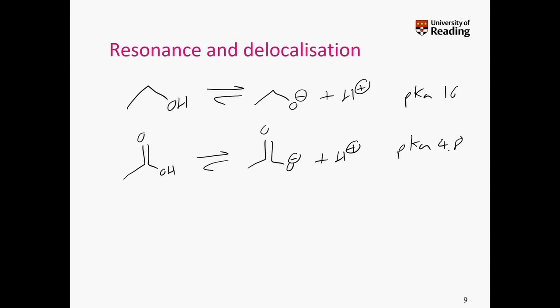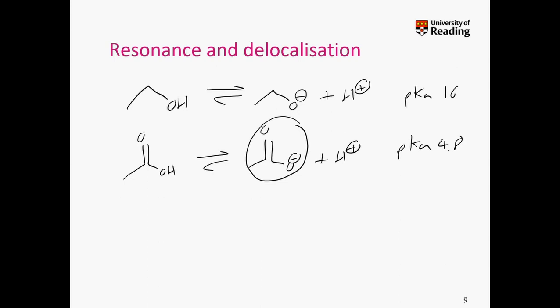So we can tell from the pKa that the carboxylic acid is the more acidic of these two species, and if we think about resonance and delocalization, we can understand why. So we've said all along that stabilizing the anion will help to make it more acidic. If the anion that we form is more stable, then it's more happy to give up that proton, and therefore it's more acidic.